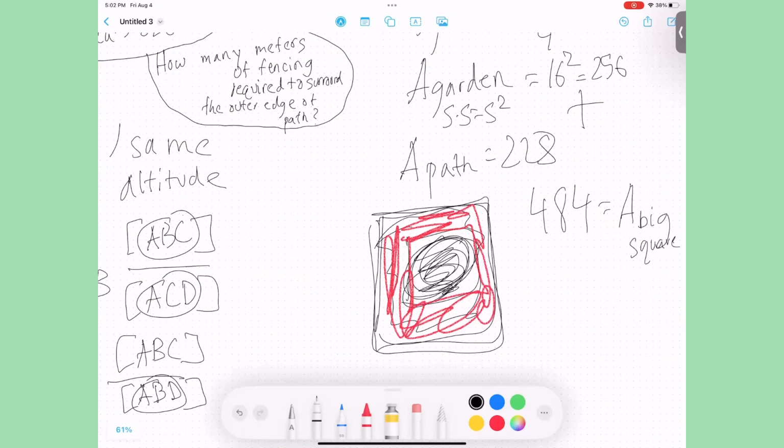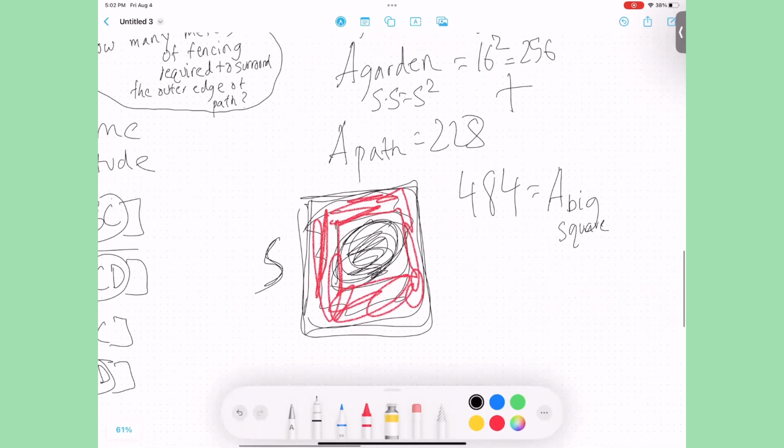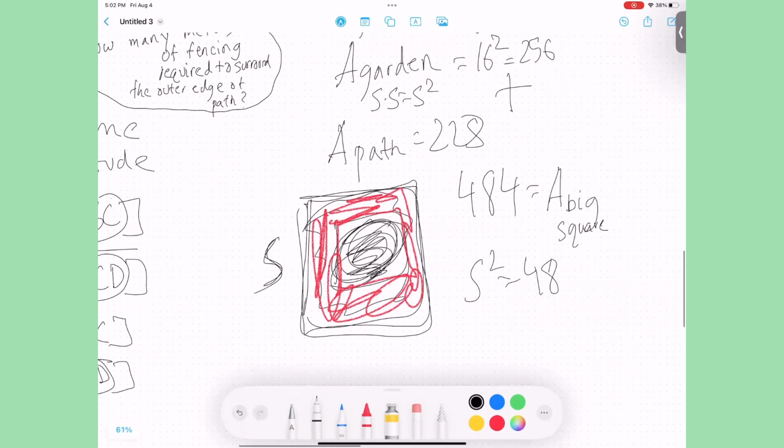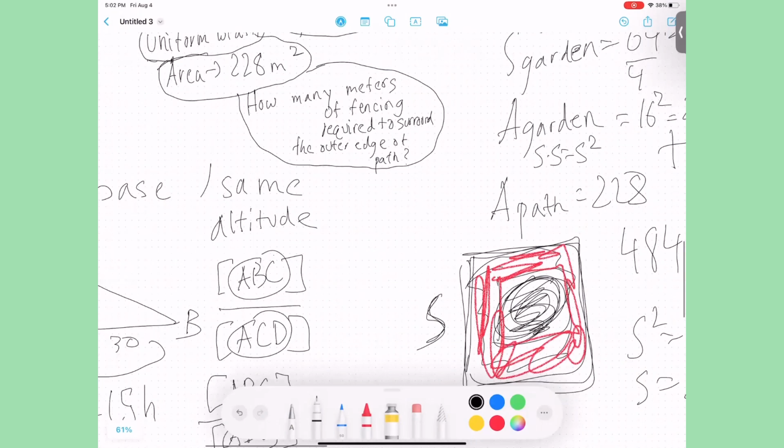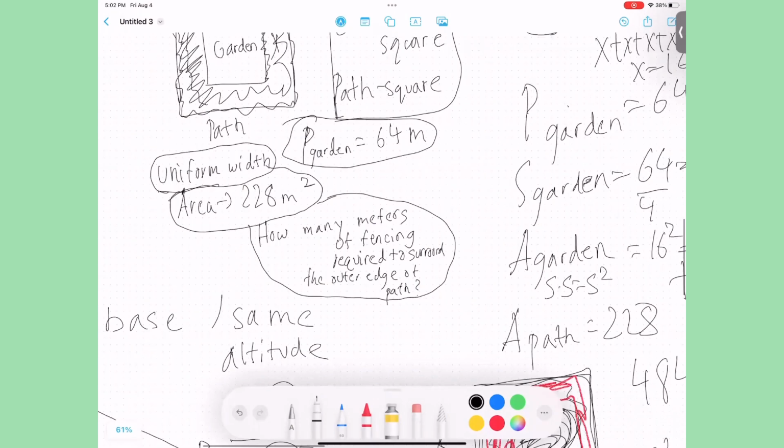So what's the side length of the square? If the side length is s, then s squared equals 484, because you multiply the side by itself in a big square, and you get s equals 22. Now what does it want? It wants the amount of fencing required to surround the outer edge of the path.